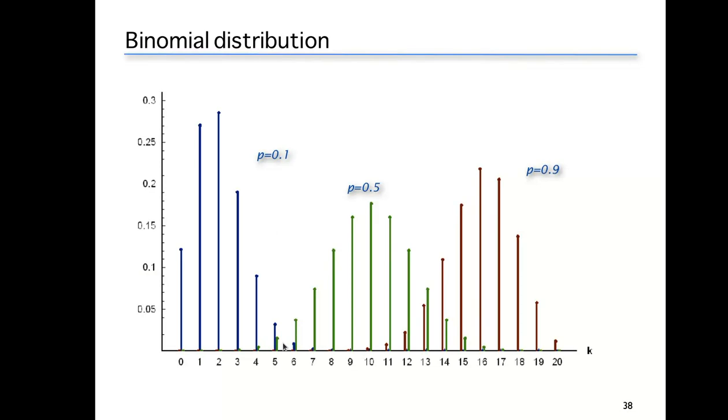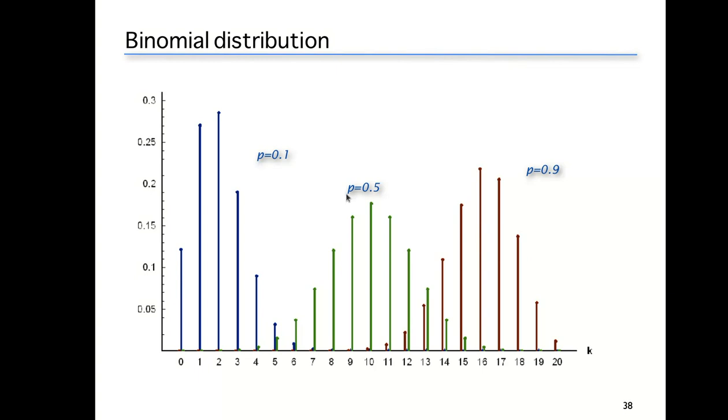For example, if we did 20 tosses of a coin, where p is equal to half, then getting head 10 times has the highest probability.